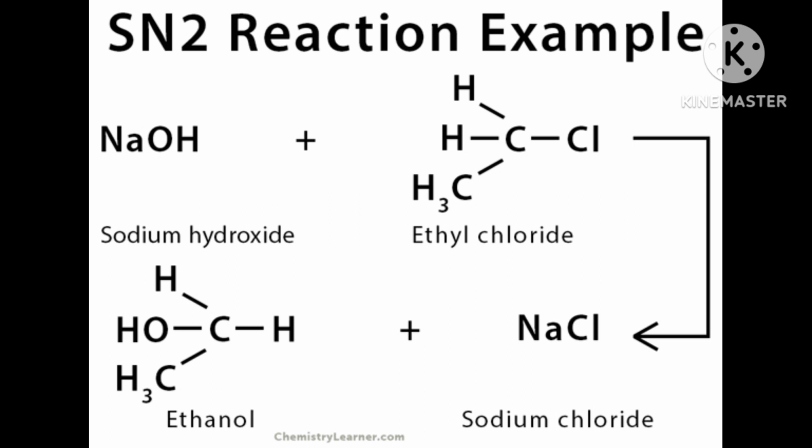Now I am coming to discuss the SN1 reaction. SN1: 1 means it is first order, because despite 2 reactants being there, the rate of reaction will depend on only one reactant. That's why it is first order. But this will take place in 2 steps.